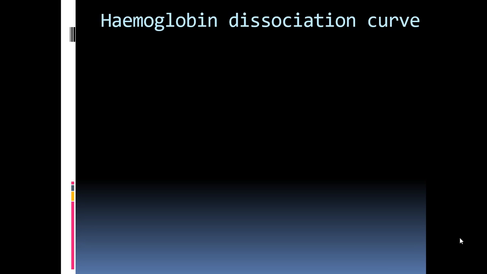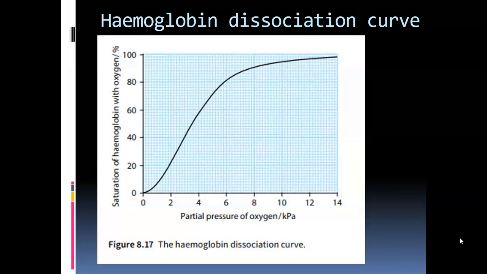Okay, so something new that you're going to learn in this chapter is about the hemoglobin dissociation curve. Because hemoglobin is a molecule that has a function to transport oxygen from one part of the body to another part of the body, this hemoglobin molecule must be able to pick up oxygen efficiently, and also it must be able to release oxygen when it reaches the respiring tissues.